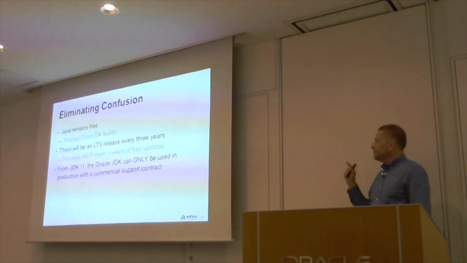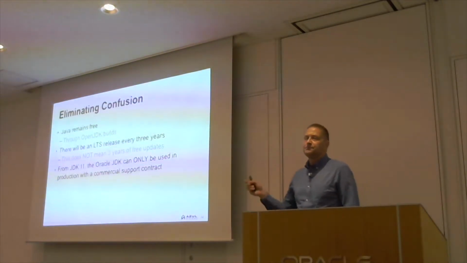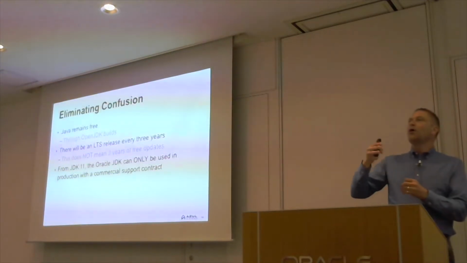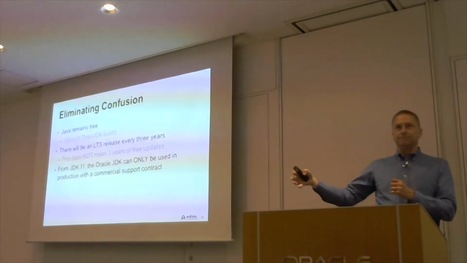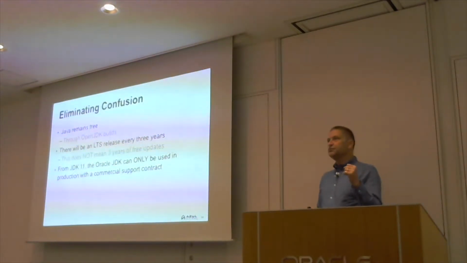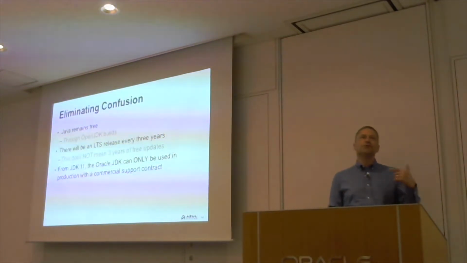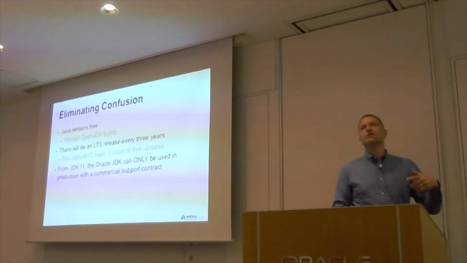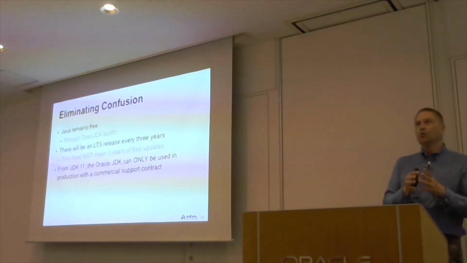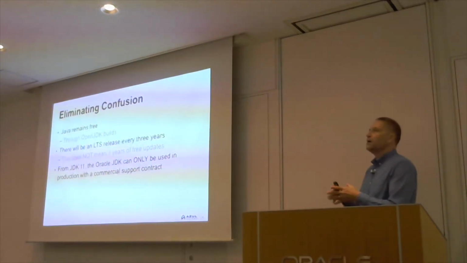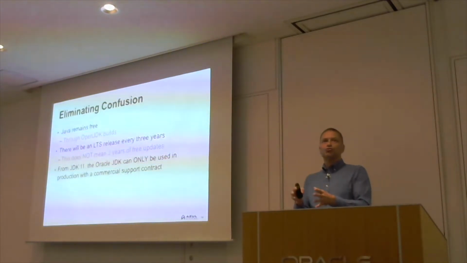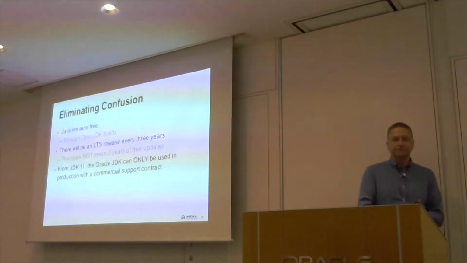Because another change that's happening with JDK 11 is Oracle are going to change the license for the Oracle JDK binary. They're changing it to say that you can still download it for free, you can still use it for development, you can still use it for demonstrations, you can still use it for those types of things. But if you want to deploy it into a commercial system, you will need a commercial support contract from Oracle to do that.